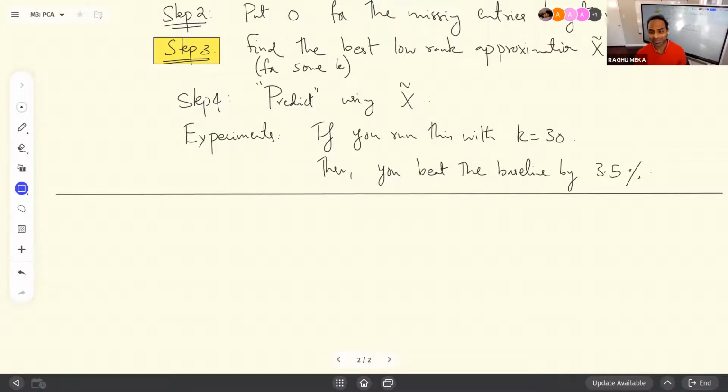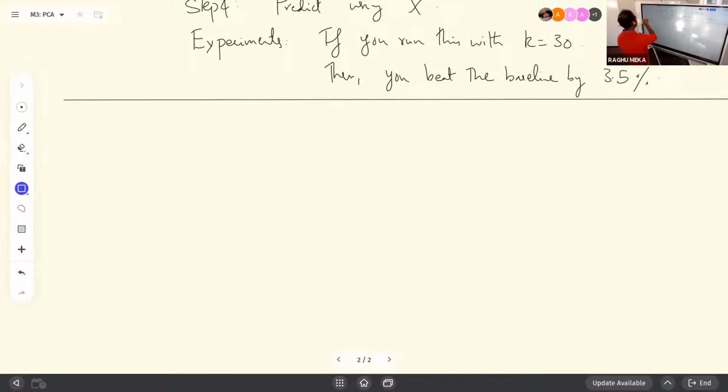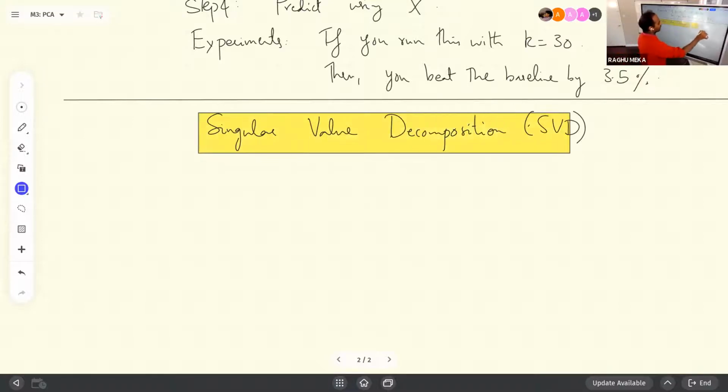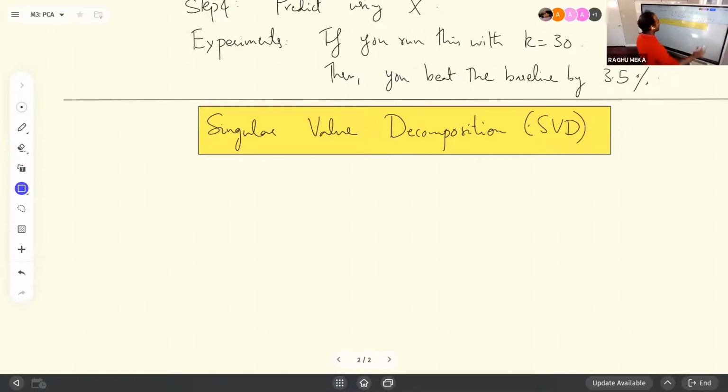But step 3 was basically solved around 200 to 300 years ago by very different fields. Many different people discovered it, and it's one of the basic tools in numerical linear algebra. So this leaves us, almost as an excuse, for studying this fact about matrices, which I'll call singular value decomposition or SVD. You can teach a whole course just on studying SVD and its implications, but that's not what we're going to do.